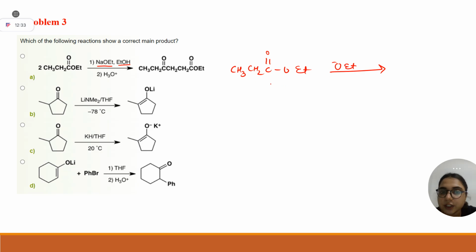So my first question to you, which is most acidic proton in this entity? Let me label A, B, or C. OCH2CH3. Which is most acidic proton? Have you understood my question?